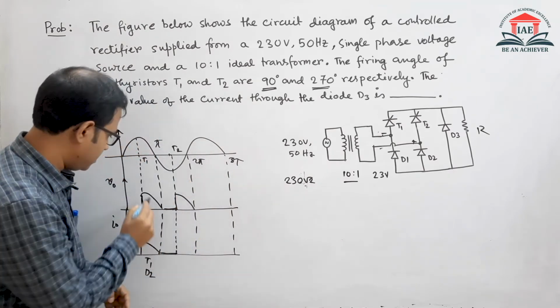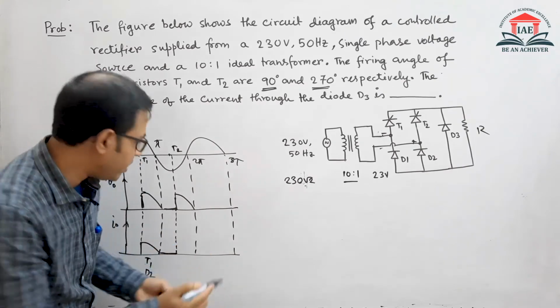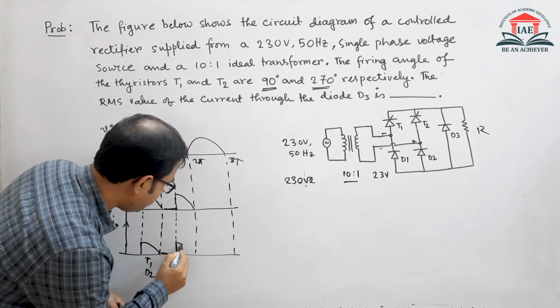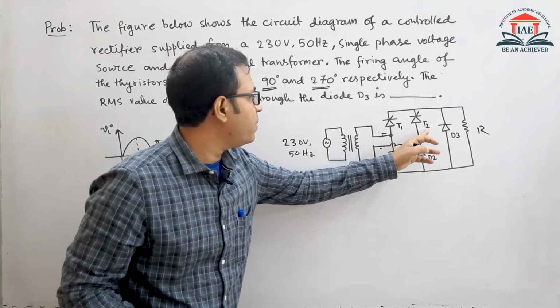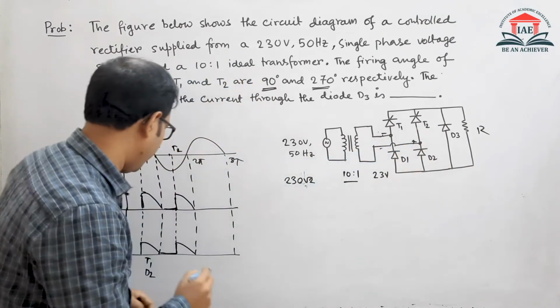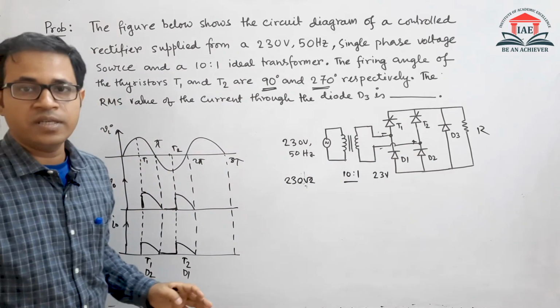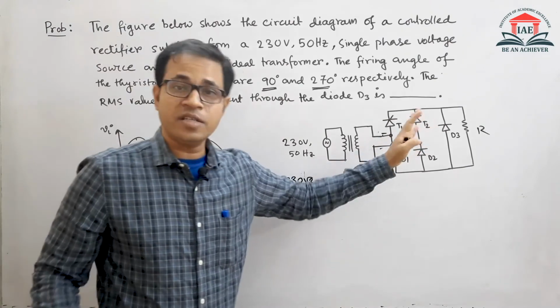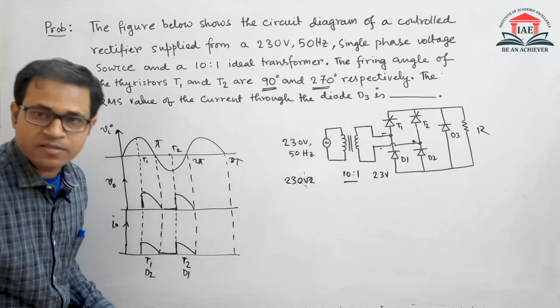Something like this, right? And the current obviously will follow the input voltage and with the same profile we will get. And here conduction is taken care of by T2 and D1. As you see, because the load is resistance only, no intermediate conduction takes place.